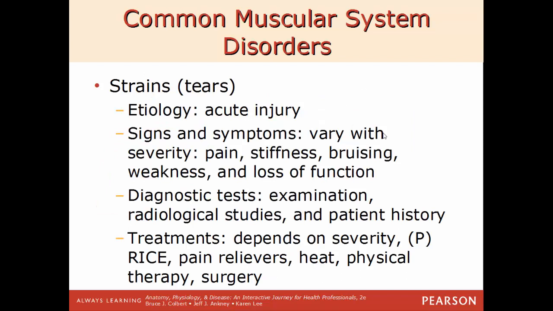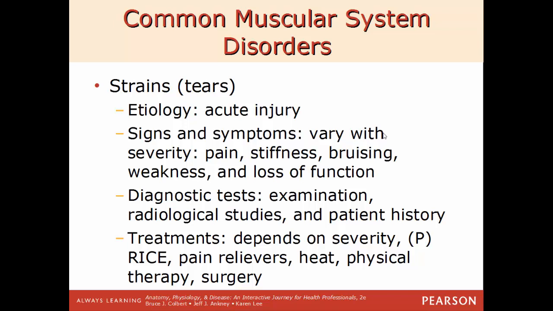All right, now we'll summarize some common muscular system disorders. Strains or tears. Etiology: acute injury, such as a sports injury. Some signs of a strain will vary in severity. It could be bruising, it could be stiffness, it could be a total loss of function.